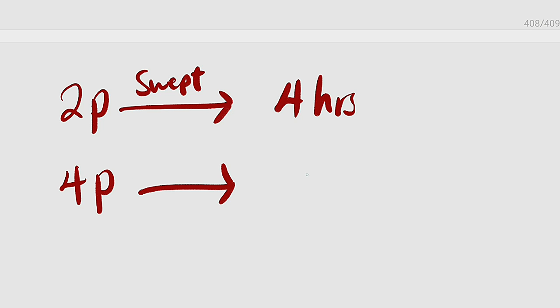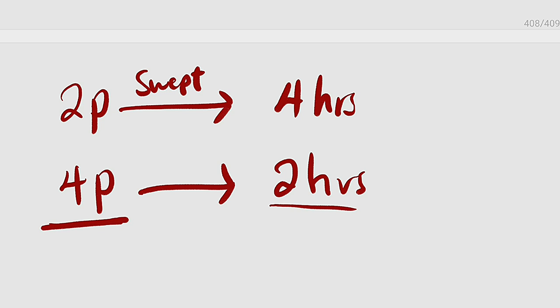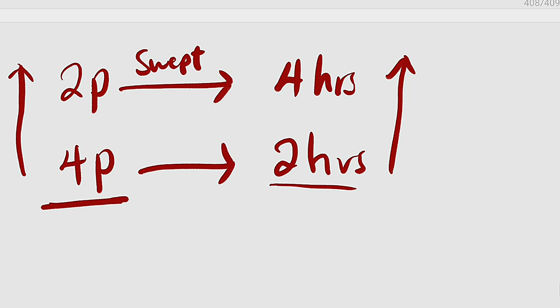The number of hours will definitely decrease. 2 hours. Can you see that? As you increase the number of people, the number of hours will decrease. And if you decrease the number of people, the number of hours will increase. So this is inverse variation.